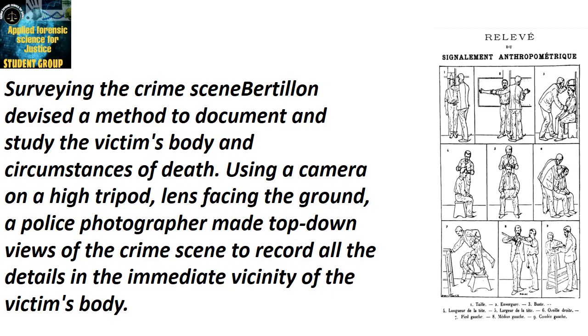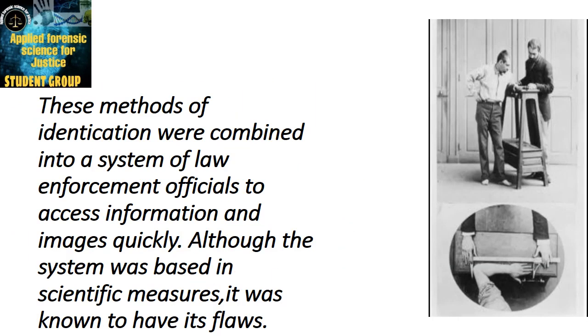Early in the 20th century, police departments began to use Bertillon's method of photographing a murder scene. This method of identification was combined into the system of law enforcement officials to access information and images quickly.